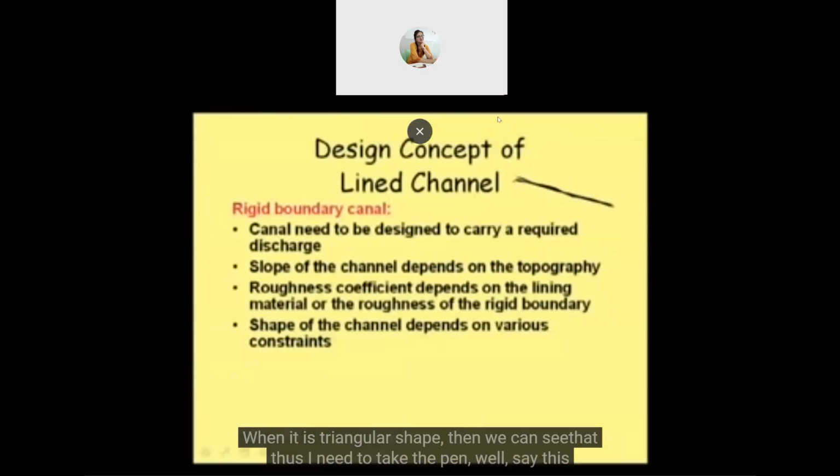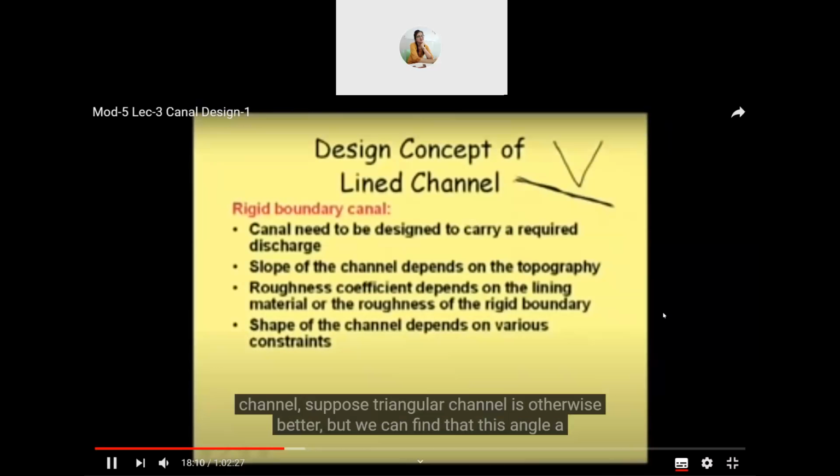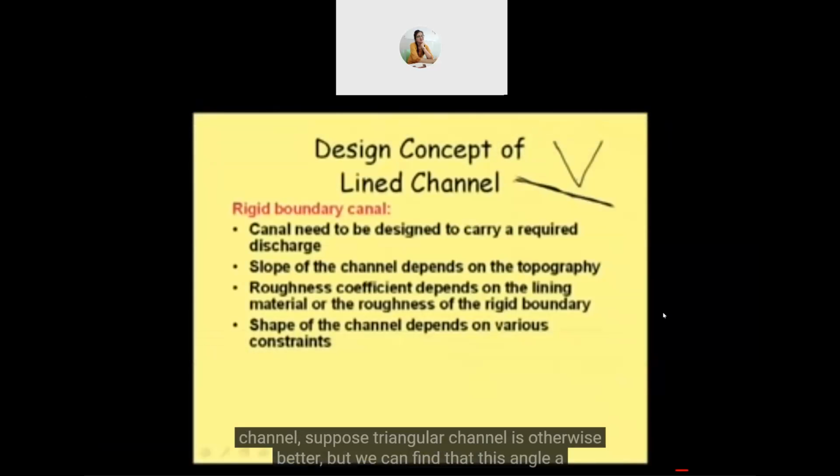Suppose a triangular channel is otherwise better, but we can find that this angle may sometimes be very narrow, and if sediment deposition takes place in this part, it may be practically difficult to clean, and that may be one constraint. I'm just giving you one constraint, but there may be several such practical constraints.